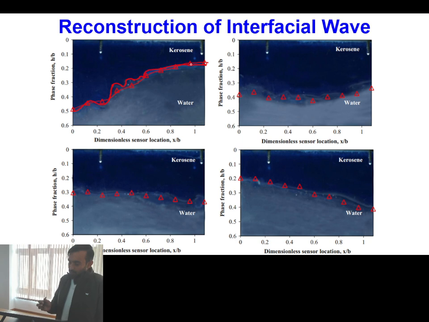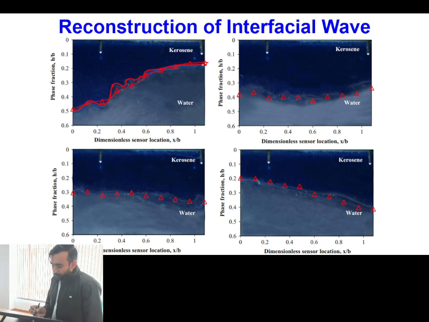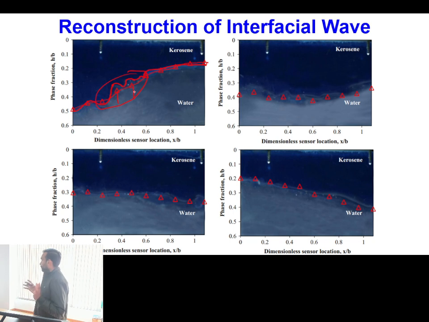Okay, so the portions where interface profile is not very complicated and it is well stratified, there it will be able to properly capture it, but in the portions of significant fluctuations in curvature, whatever the spacing we have between the two sensors, that is not sufficient enough to capture the very complex profiles.